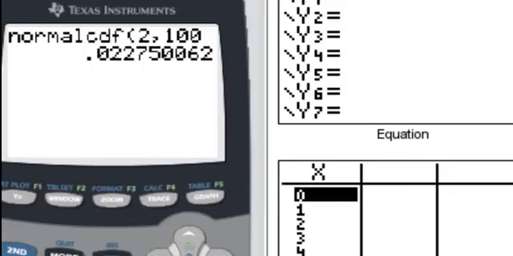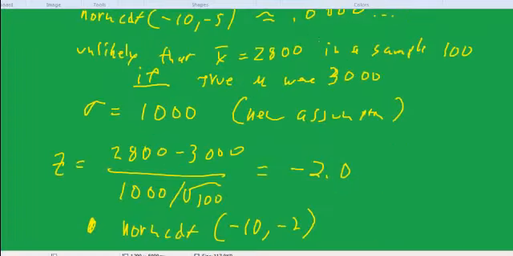So it's about 0.0023, still a very low probability that we would observe our sample results if the true mean were 3000, and so we would still be likely to conclude that the true population mean is unlikely to be as high as 3000. So that's kind of the basics of hypothesis tests. Next time I'm going to introduce all sorts of jargon that has grown up in the history of creating hypothesis tests.